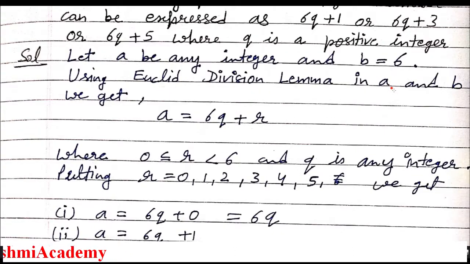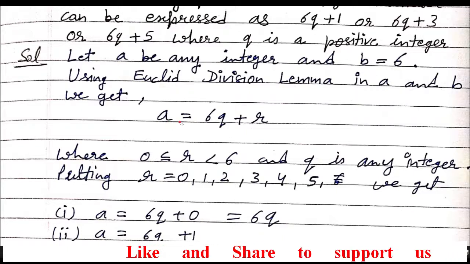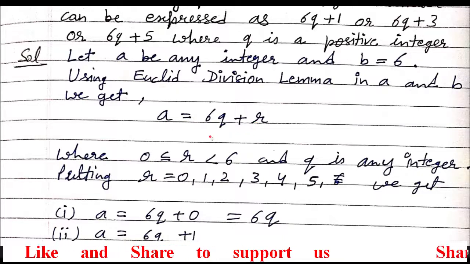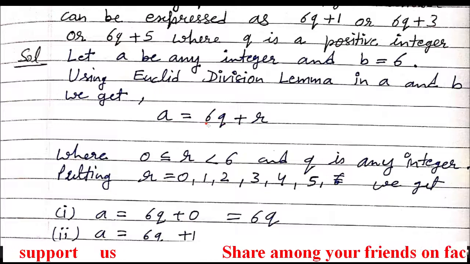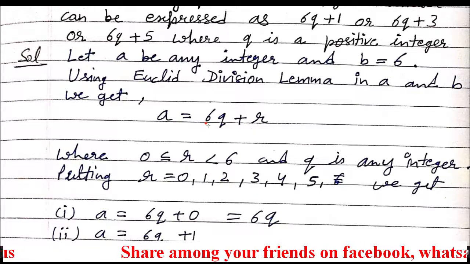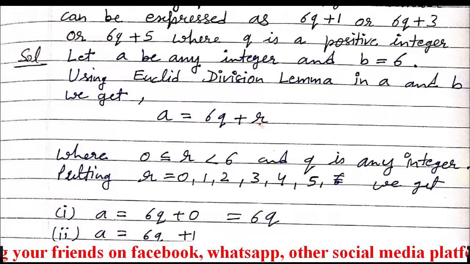Now we'll move further. By using Euclid's division lemma on a and b, we get a is equal to bq plus r. Instead of b, we took b as 6, that's why 6 came. Now what is r here? r is the remainder.